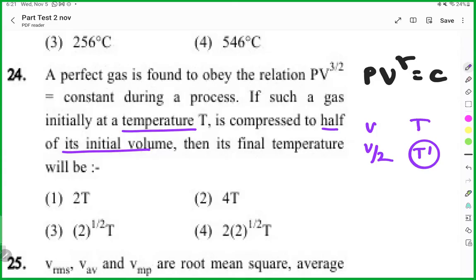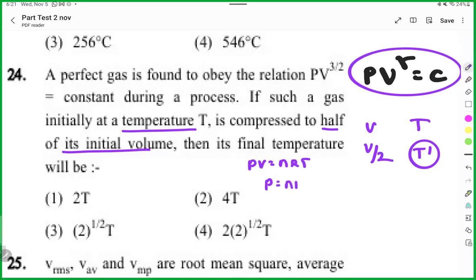I will not explain this question because you have the equation PV gamma. Instead of pressure, from PV is equal to nRT you can write nRT by V, and here V gamma.